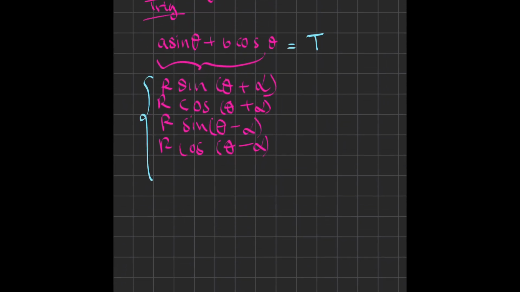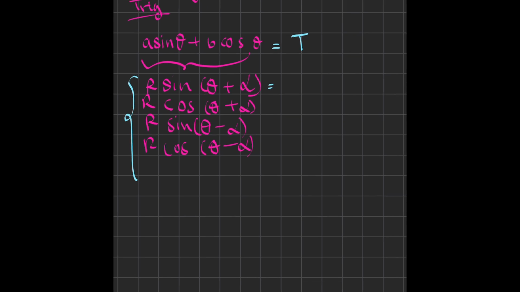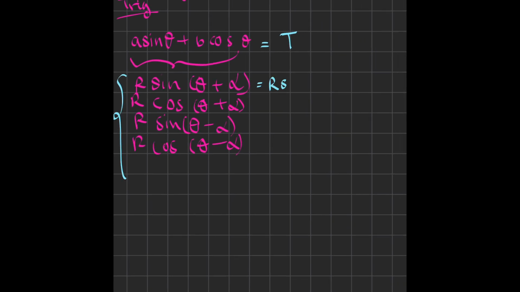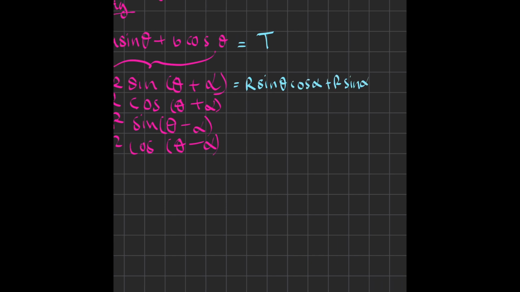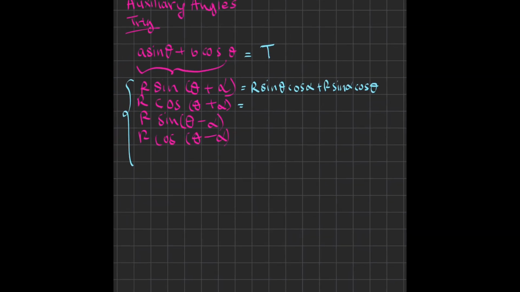So essentially what we want to do is, first of all, we'd like to expand this section out. When we expand this out, we're going to get r sine theta cos alpha plus r sine alpha cos theta. Expanding r cos theta plus alpha out, we're going to get r cos theta cos alpha minus r sine theta sine alpha. And in this section, we're going to get r sine theta cos alpha minus r sine alpha cos theta.